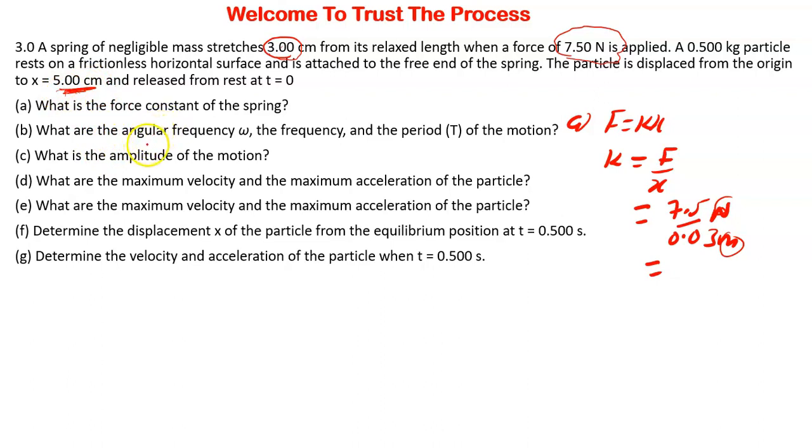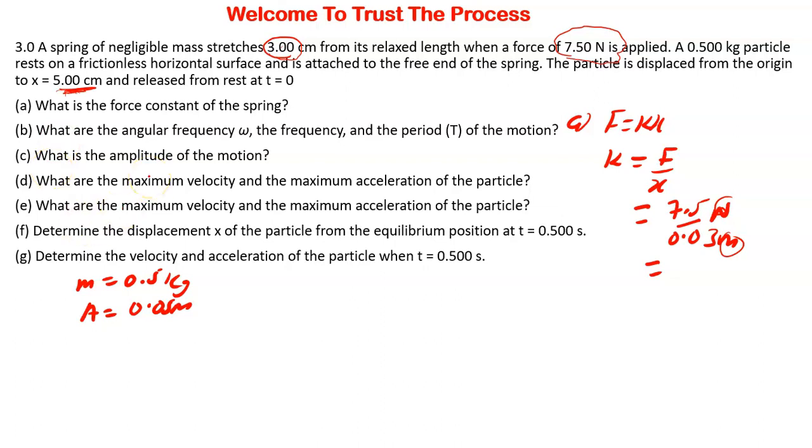According to the second part of the question, this particle has a mass of 0.5 kg and it was displaced to x is equal to 5.00 centimeters from the origin. So its amplitude is 0.05 meters when you convert that into meters, and then it was released from rest at t is equal to 0 after being stretched like that.